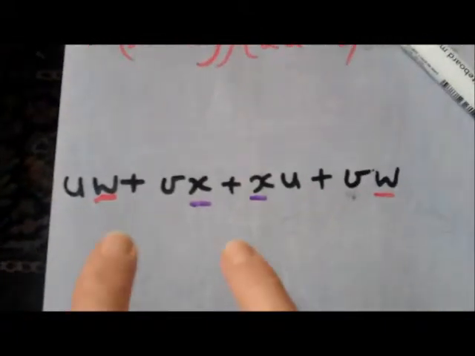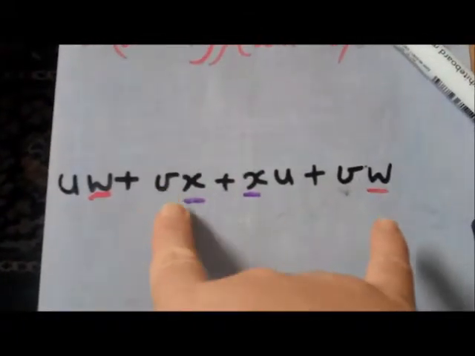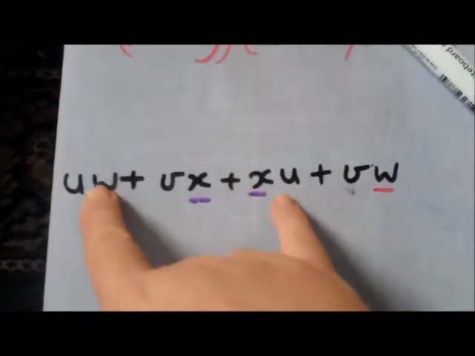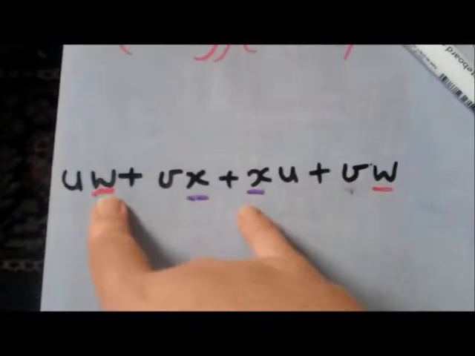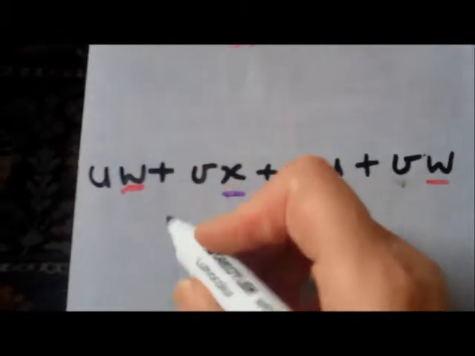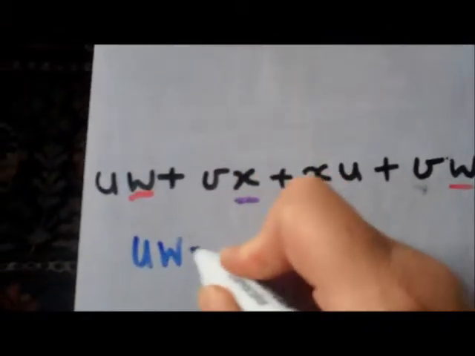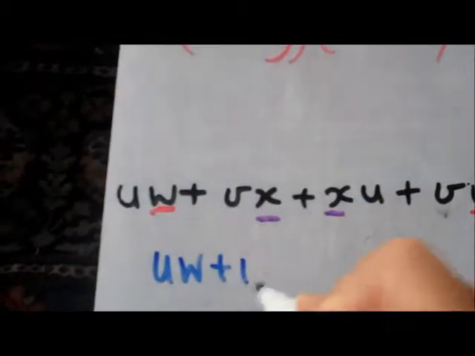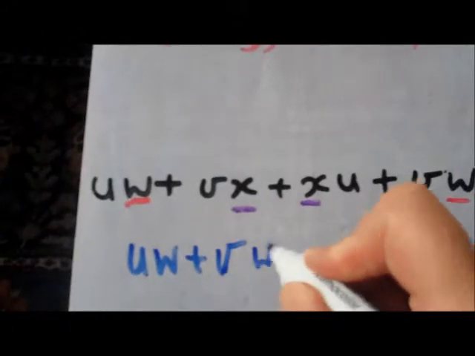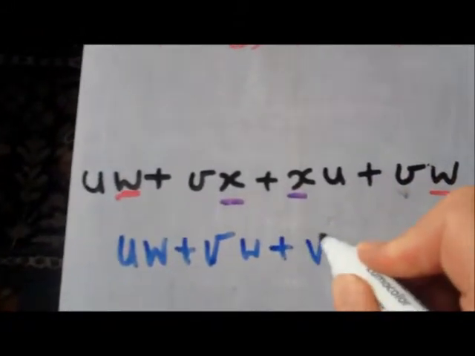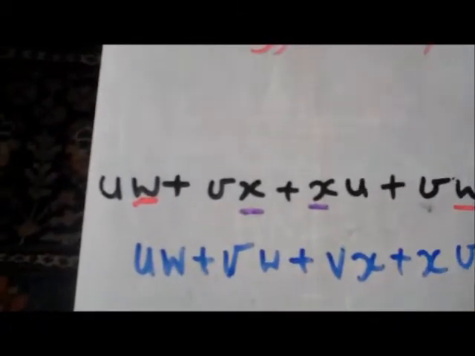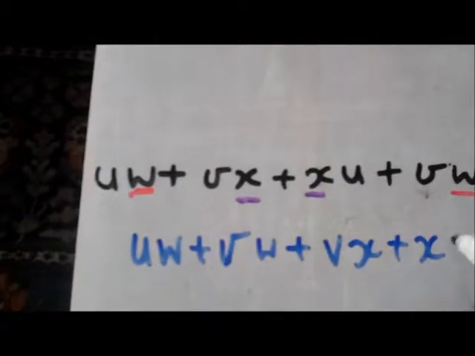So as you can see, I've got v with x and v with w, and v plus w with u, and v w plus x here in this one as well. I'll just rewrite that so it makes it a little bit more obvious. uw plus vw plus vx plus xu. Whoops, it's a u, not a v. Okay.